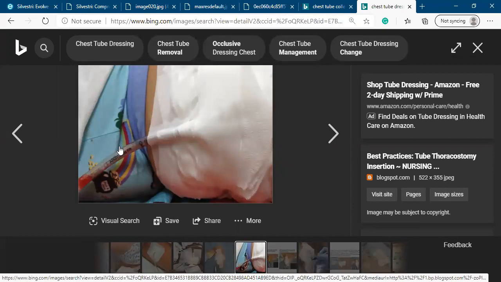If in any emergency the tube is suddenly removed from the chest and you are in front of the patient, what should you do? You have to cover the area with a dressing gauze piece. So we have to cover the hole with an occlusive dressing.